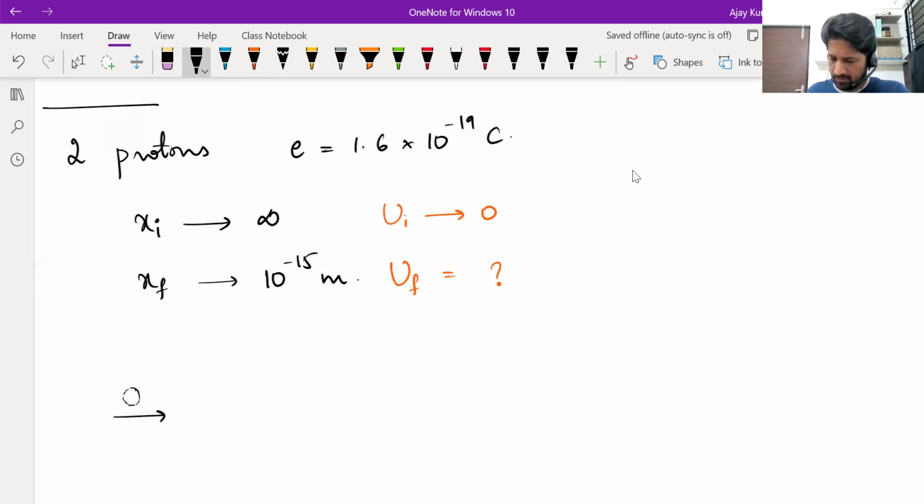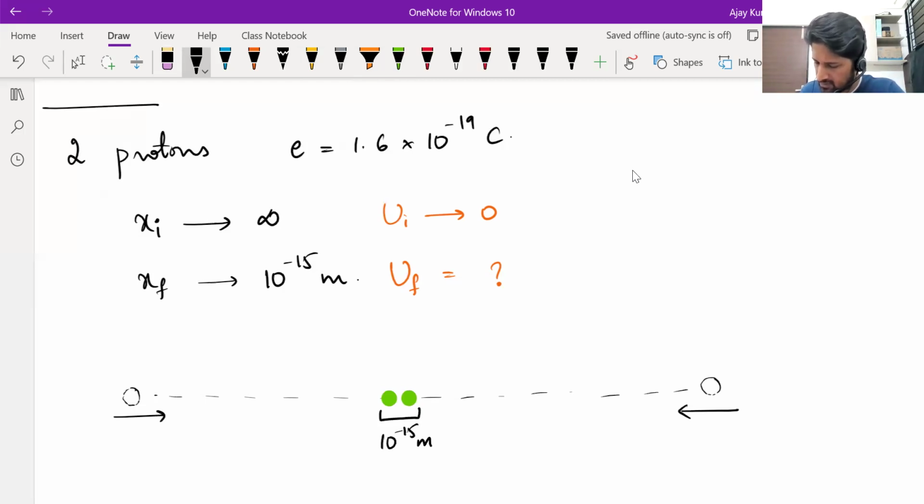One proton and another proton should be projected towards each other with a sufficient amount of kinetic energy such that they come to a distance of 10 to the power minus 15 meters from each other. By then, they can lose all that kinetic energy. So whatever initial kinetic energy the protons had gets converted to final potential energy.